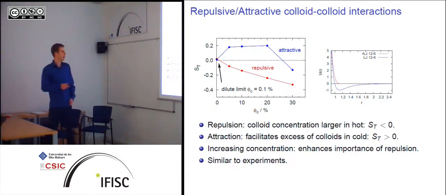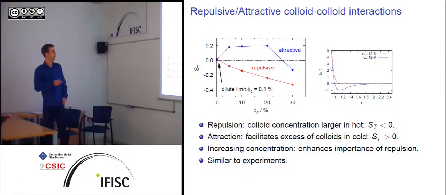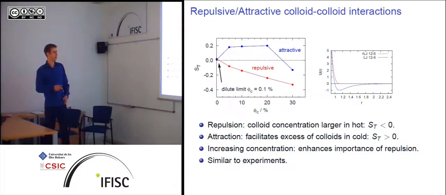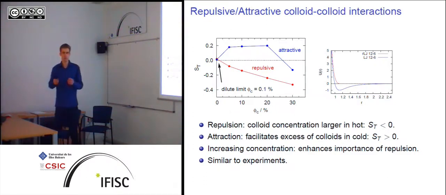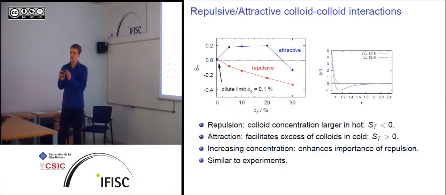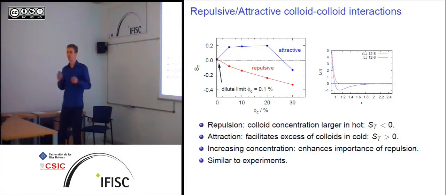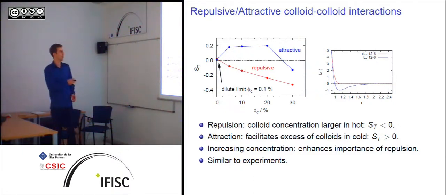And for the attractive Lennard-Jones potential, we have a region where we have an accumulation of colloids on the cold side, but eventually, if the volume fraction gets larger and the colloids can become closer and closer, then also the repulsive part of the potential comes into play, which drives your suspension to the hot side of the system.